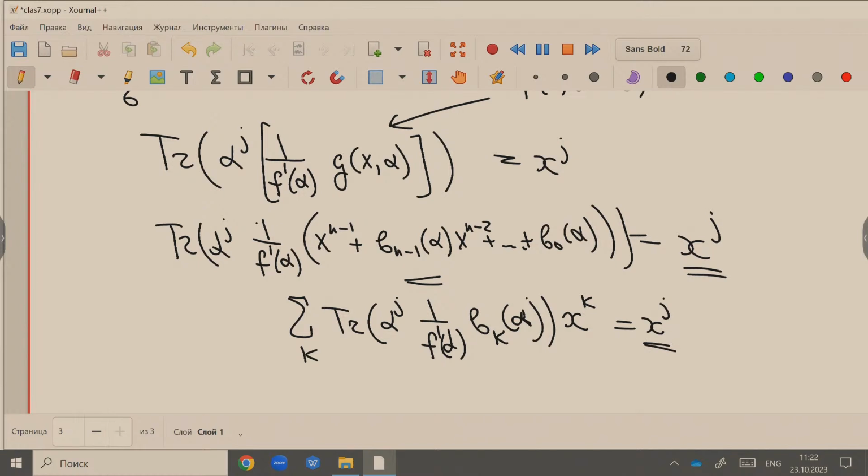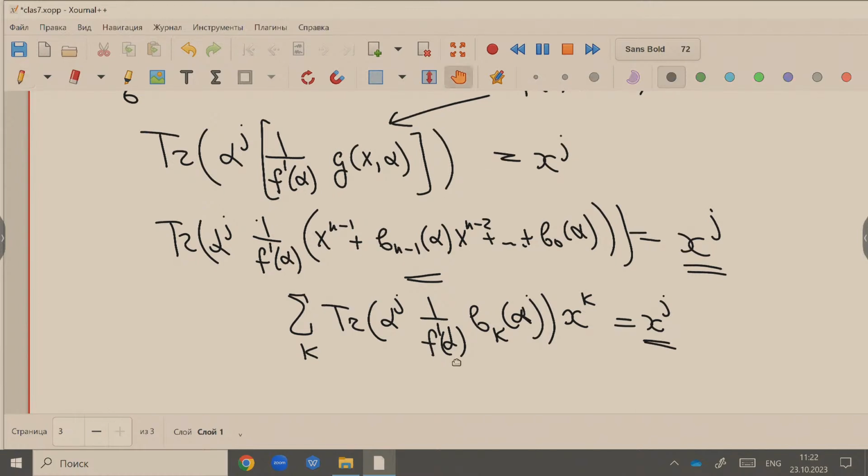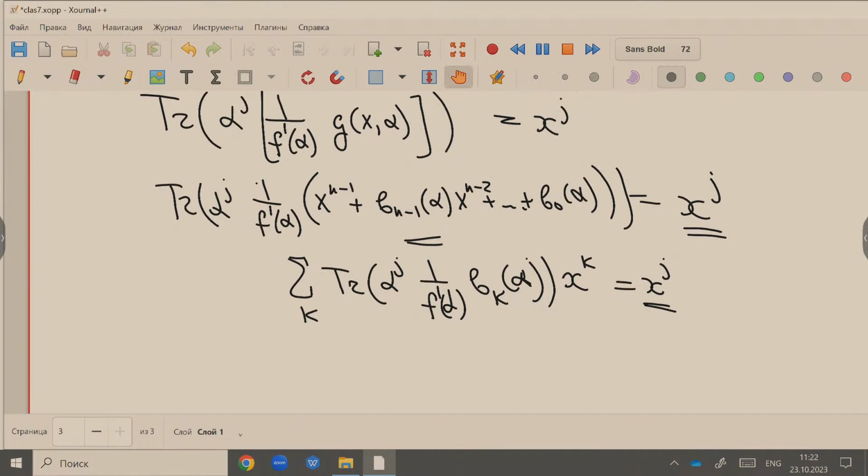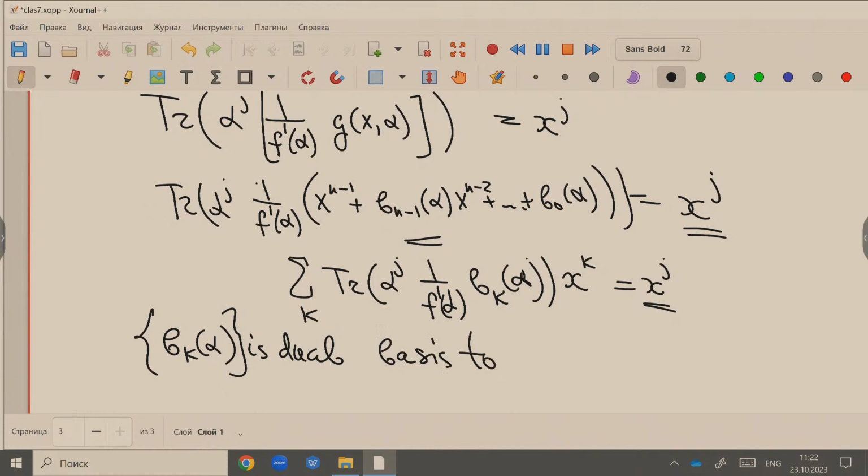So you get the Kronecker delta symbol. So beta k of alpha is the dual basis to alpha j. It is just the right interpretation of the Lagrange formula.